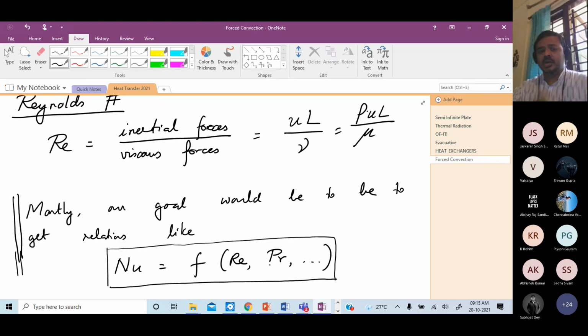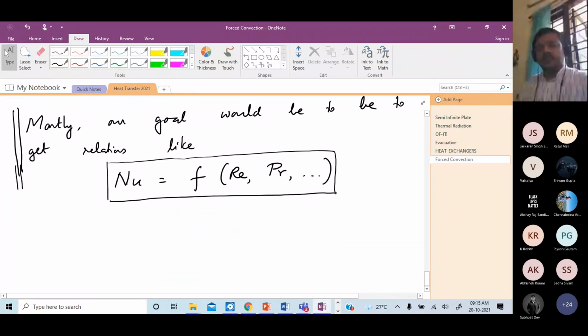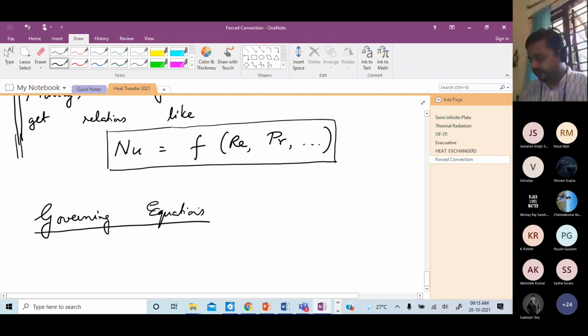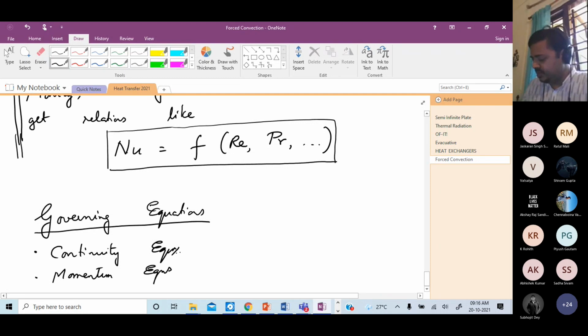All right, so now let us move on to what we were discussing before, which is governing equations. Now, there are three governing equations. Two of them you already know: the continuity equation and the momentum equations, like the Navier-Stokes equations.